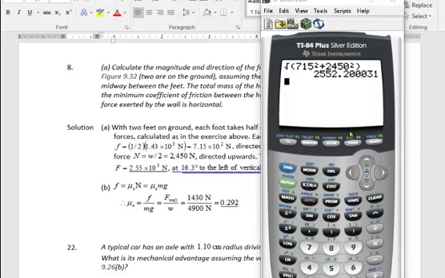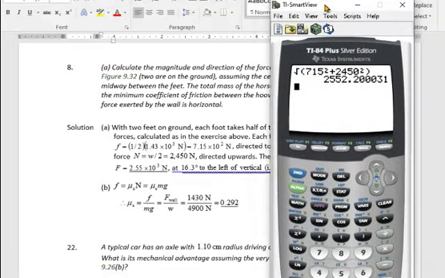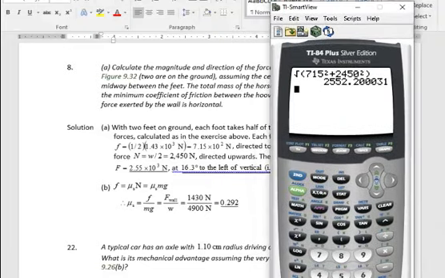Then they also determine the angle, and again they did that a little quick here without telling us how. So you look at the two force vectors and you use the tangent, respectively the inverse tangent, and then you have negative 715 divided by 2,450, and you come up with negative 16.3 degrees, just like they say right here.